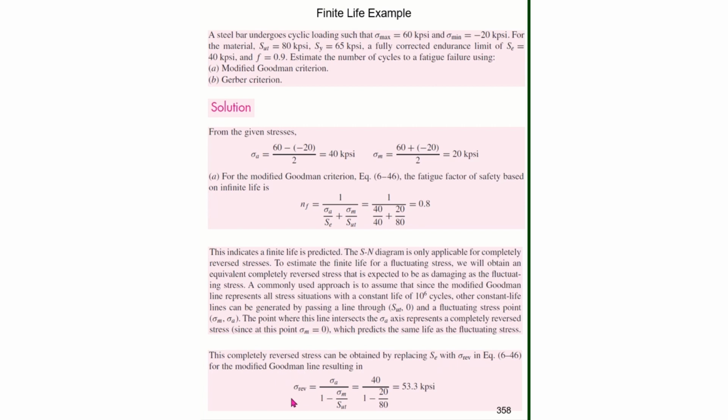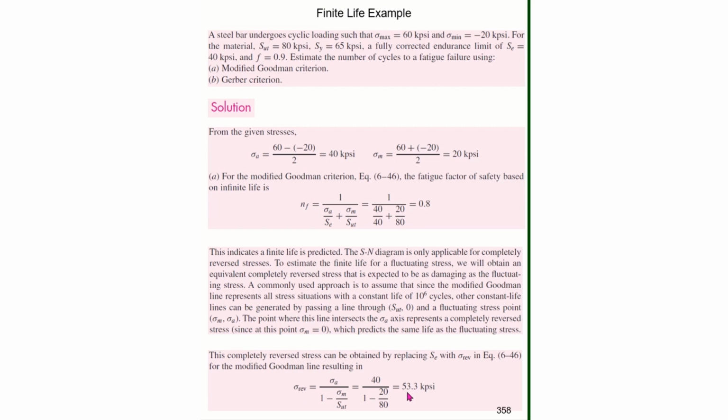So we then solve for sigma rev. We come up to this equation here, replace SE with sigma rev, and solve this expression for sigma rev, and we get this expression here. So we see that this equivalent completely reversed loading stress, sigma rev, is 53.3.